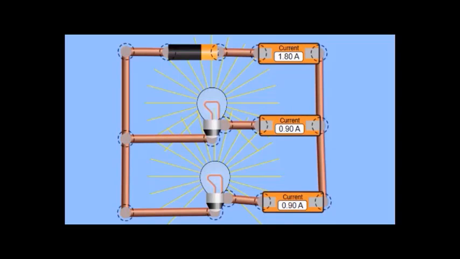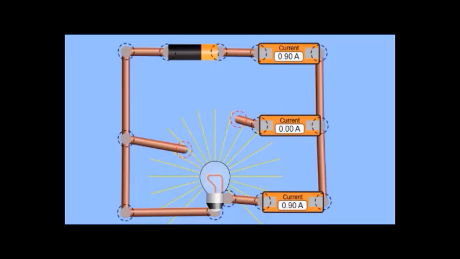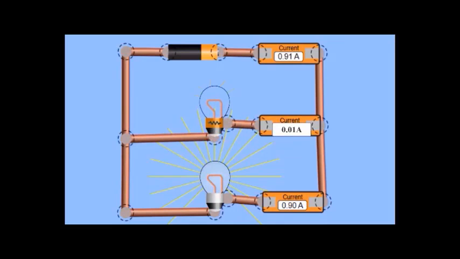Let's now replace one of these lamps with another kind of lamp. The intensity of the main current that is sent from the dry cell is 0.91 ampere. That of the first lamp is 0.01 ampere, and that of the second lamp is 0.9 ampere.